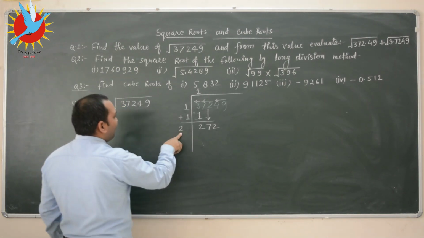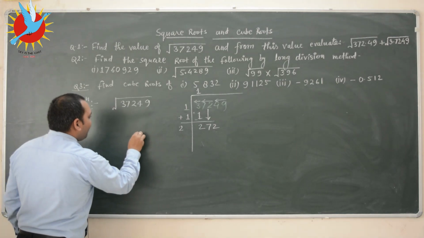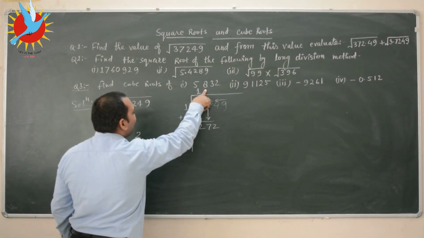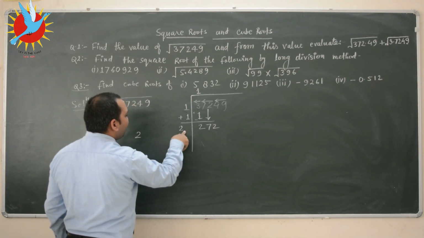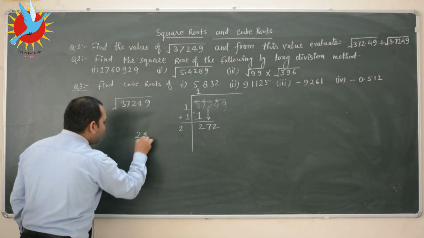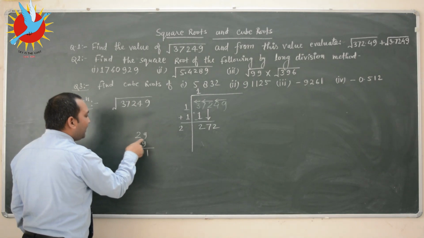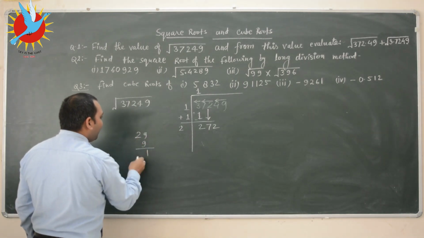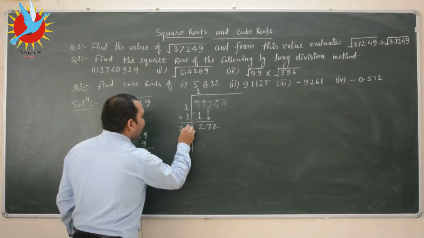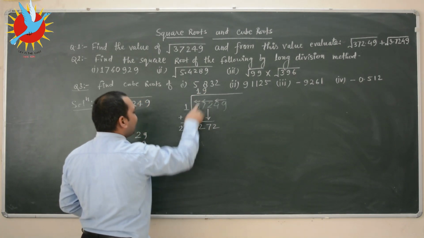We try 25: 5 fives are 125. You can take 9: 29 times 9, 9 nines are 81, 9 twos are 18, and 8 makes 26. So we take 9 here and multiply 29 by the same number.